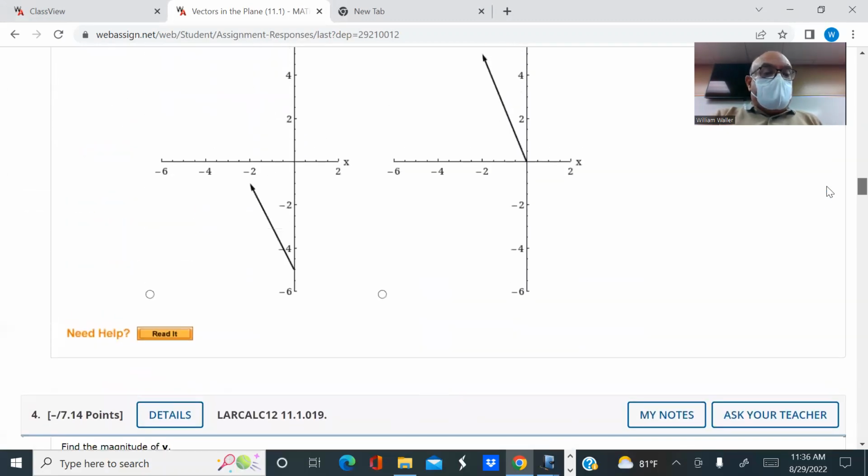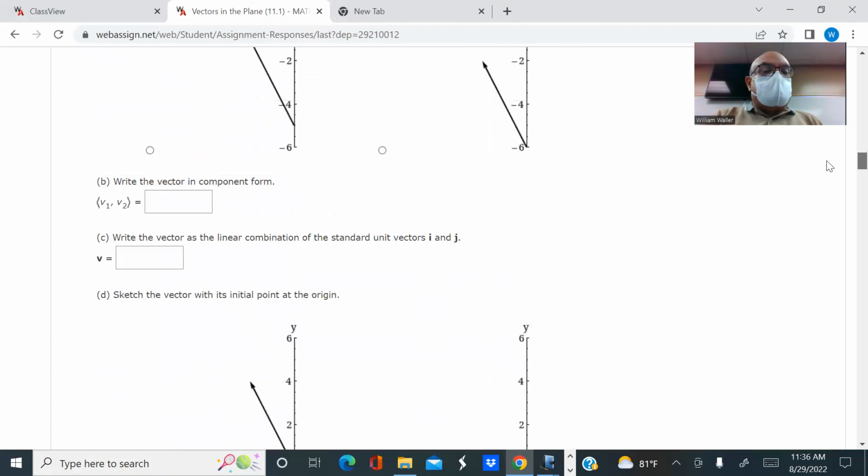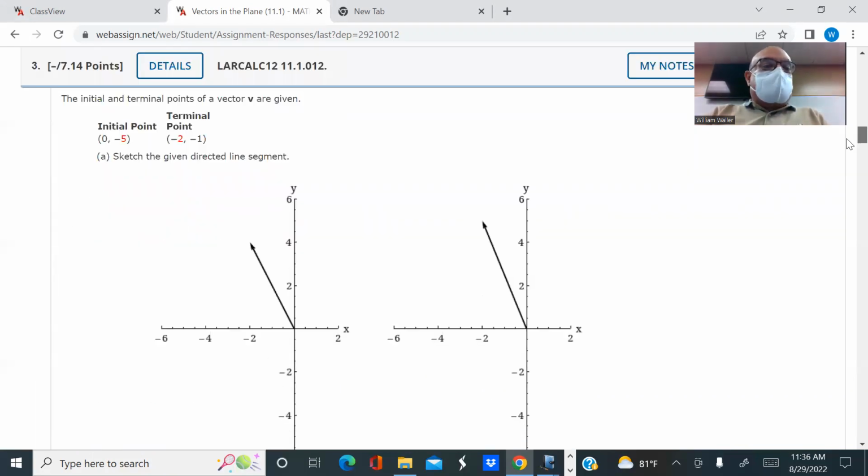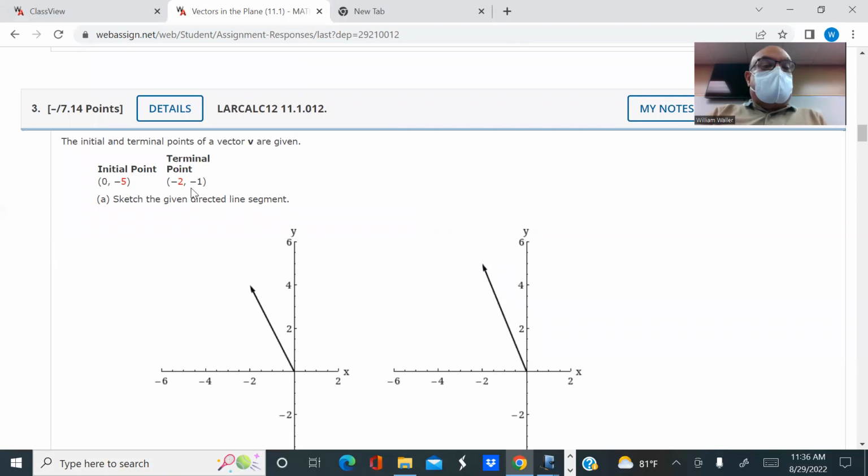But apparently at the end, I thought they asked you to write it as a linear combination of the standard unit vectors i and j, so you're going to put it in standard form. Once you have it written in component form, that's very easy to do, except for a catch here in WebAssign. Let's see if we can do this in our head.